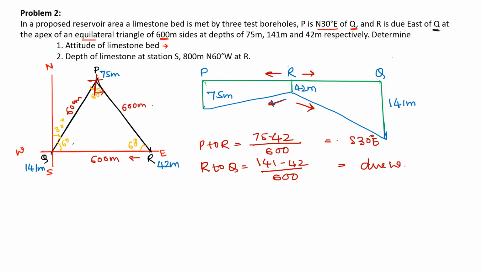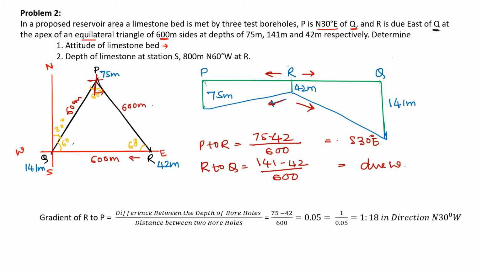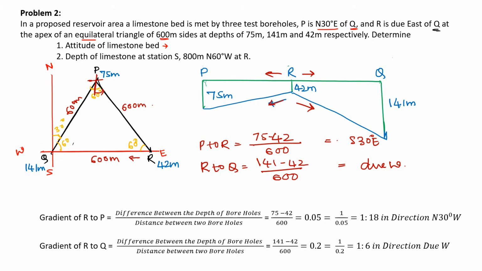R to Q will be due west. Okay, so this is actually something wrong. R to P. Oh, sorry, this angle is not correct.